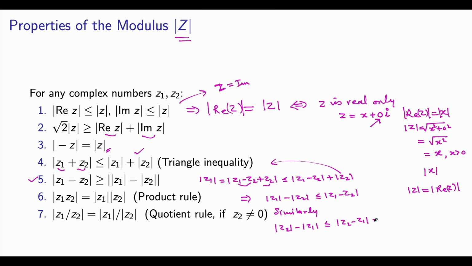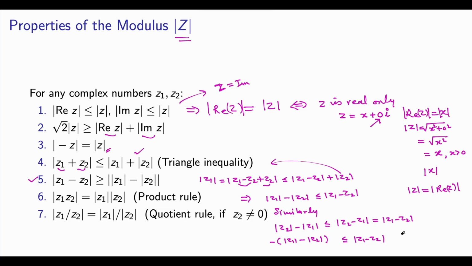And mod Z2 minus Z1 is nothing but mod Z1 minus Z2, because I take the negative common and then the modulus of a negative is positive. So now I can also write minus of mod Z1 minus mod Z2 is less than or equal to mod Z1 minus Z2.